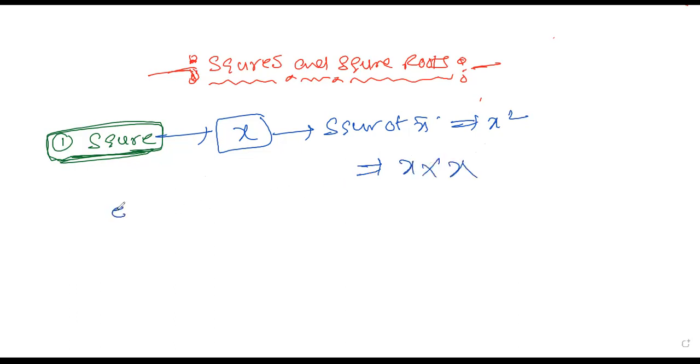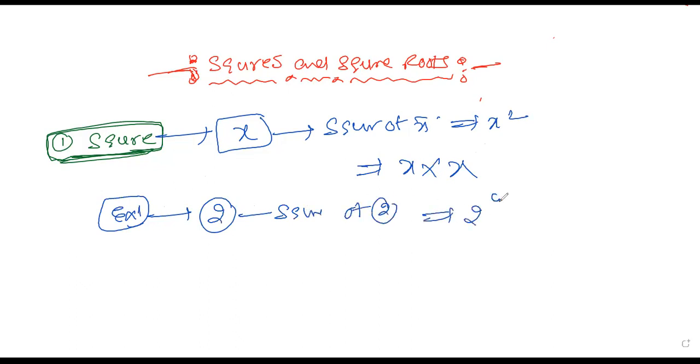Let us take as an example the number 2. The square of 2. What is the answer? 2 square. The answer is the same number multiplied, 2 into 2. The answer is 4. Multiplication is enough to do it. Similarly, we have to work all of these. Next, take the number 3. The square of 3 is 3 into 3.